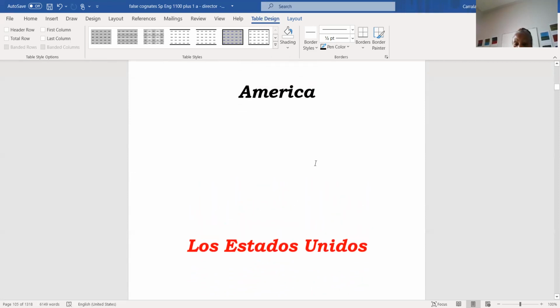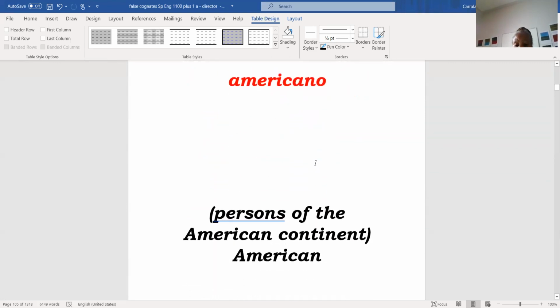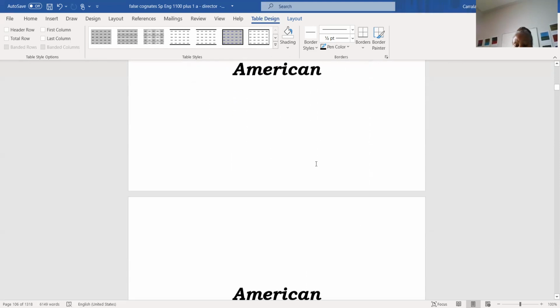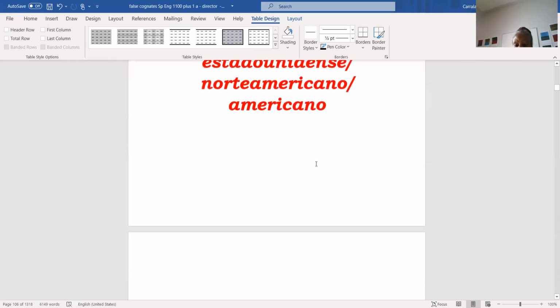When United States Americans say, well, I live in America, I'm an American, in Spanish you would say Los Estados Unidos. Americano, persons of the American continent, American. An American from the United States is norteamericano.